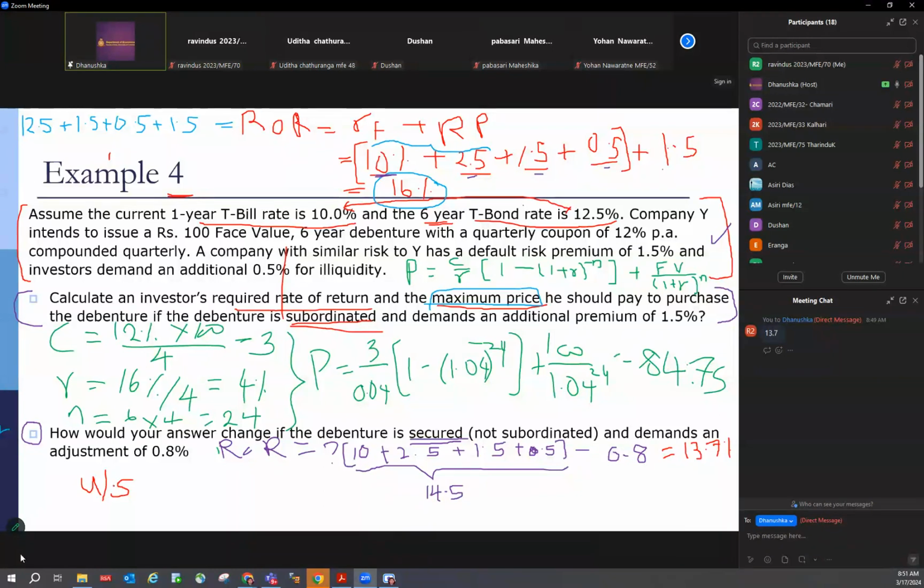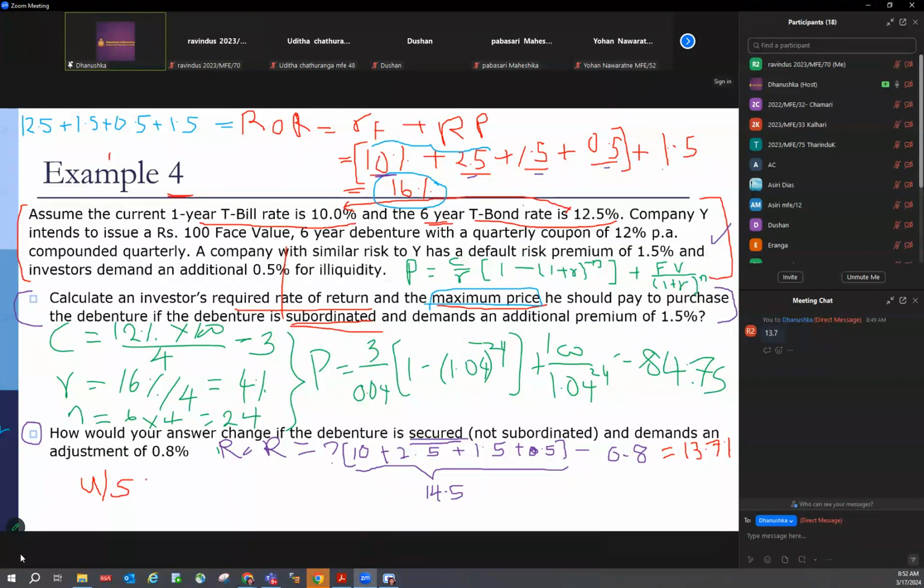So when you see a company rating, this is the ability of the company to pay back its unsecured creditors. If you are secured, that means property or something has been assigned to you, so you're not as high a risk as an unsecured debenture holder. Therefore, you are willing to accept a lower return.